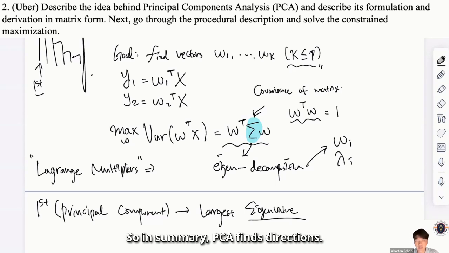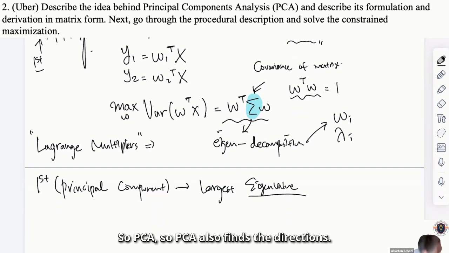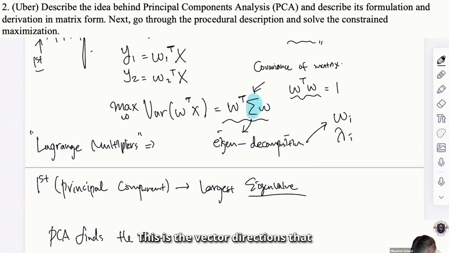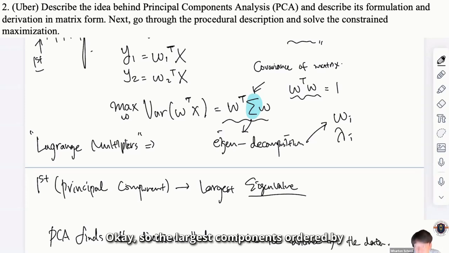So in summary, PCA finds the directions, these vectors, that maximize the variance of the data. The largest components are ordered by the amount of variance they explain.